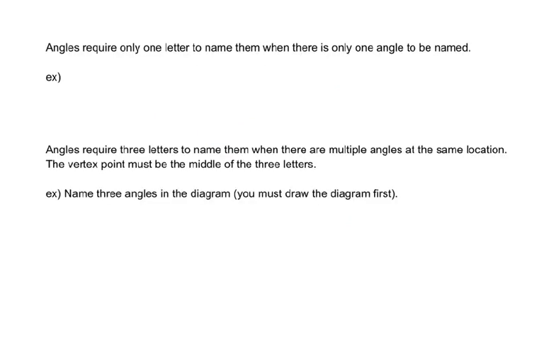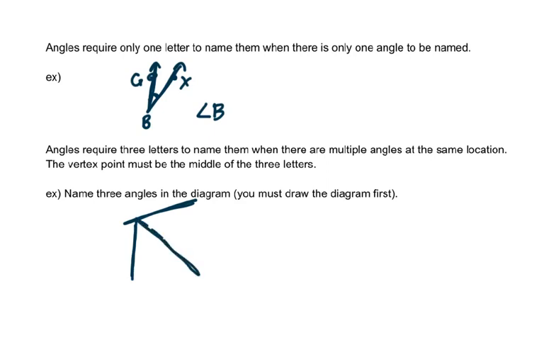So when I'm trying to name angles, because this is going to be a thing that we have a little bit of trouble with sometimes, let's say I've got B, G, X. I could call this angle B because there's no other angle at B. On the other hand, when I've got a situation, let's see, let's draw an angle and another angle.